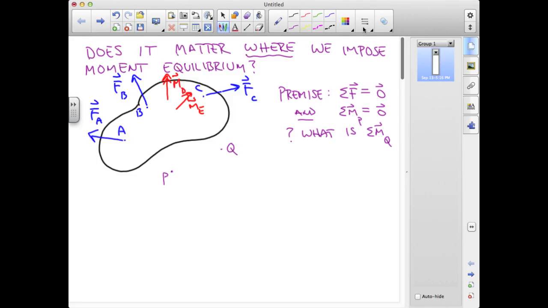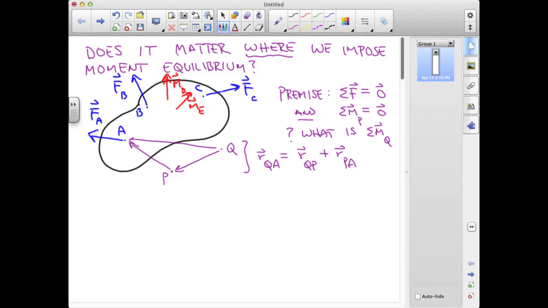I could establish a relative position vector from Q to A or from P to A, and we'll just make a note that we could write the relative position vector from Q to A in terms of the relative position vector from P to A by writing, for instance, the relative position vector from Q to A is equal to the relative position vector from Q to P plus the relative position vector from P to A. And we could do this for the other forces.